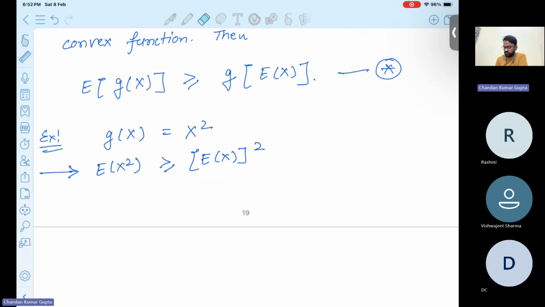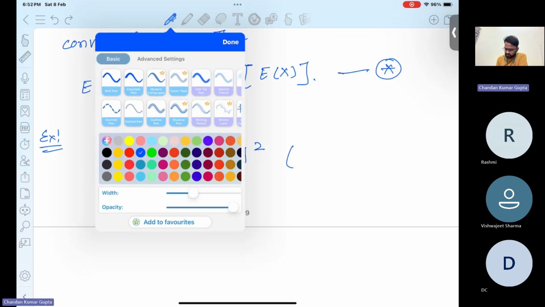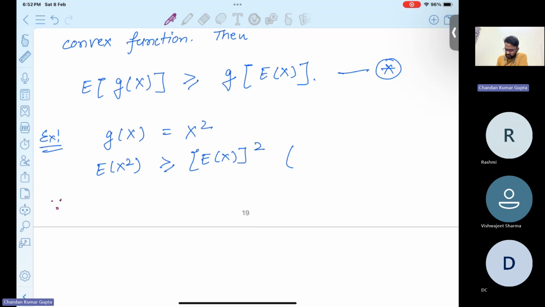If you remember the previous formula, variance of X is expectation of X square minus expectation of X whole square.